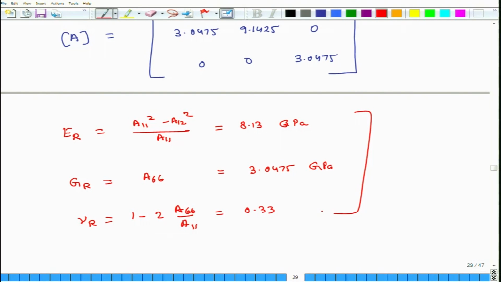So, these are the material properties of this randomly oriented mat, and I can make it a little more accurate if I have more layers in the system. The more the number of layers I have, the more accurate these estimates of ER, GR and nu R become.